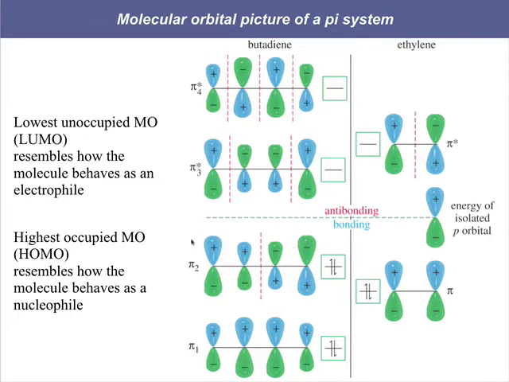Now, think about these orbitals as a set of instructions that tell the electrons where they get to exist. For example, this bottom orbital, pi1, says that you can have electrons mixing between all 4 of these orbitals, kind of moving between carbon 1 and carbon 2, carbon 2 and carbon 3, and carbon 3 and carbon 4.